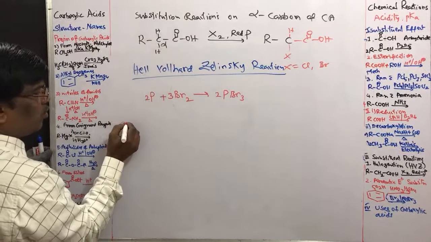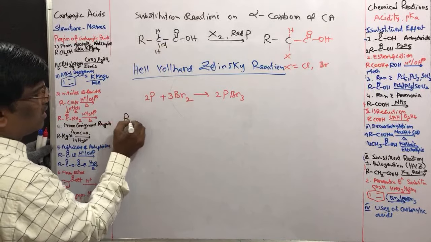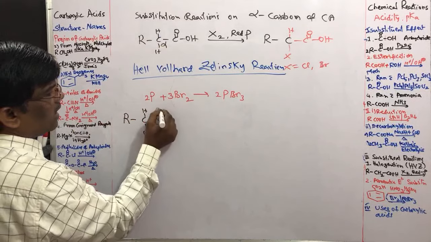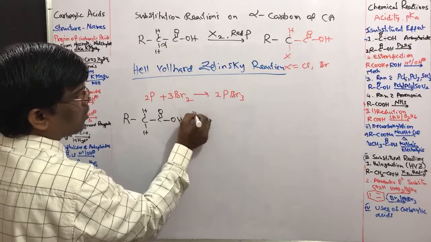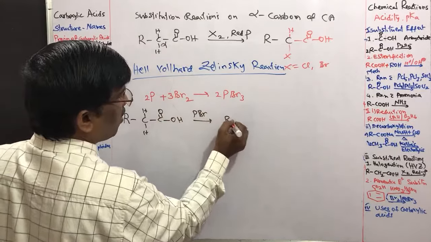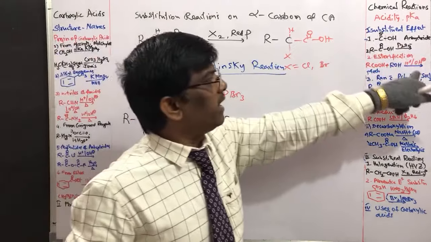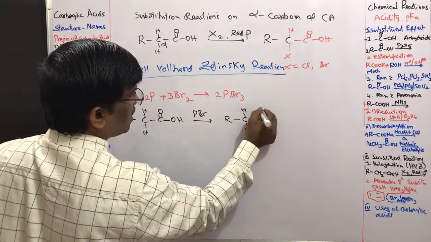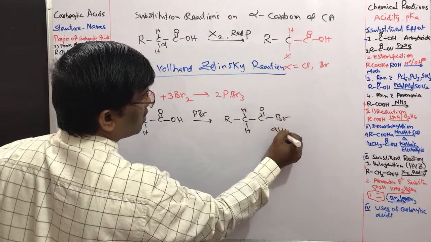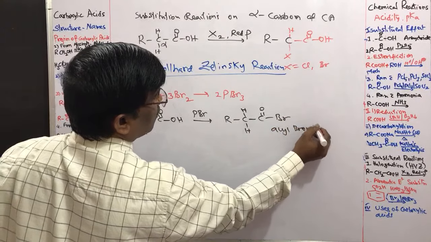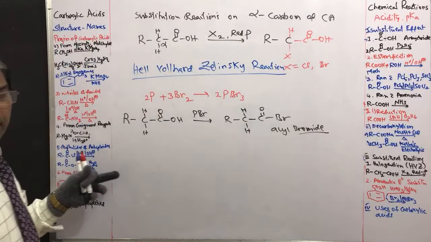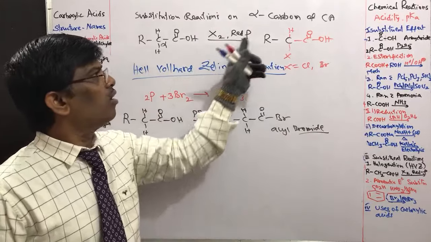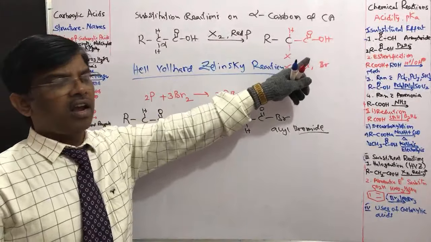So the acid group, what I am going to take, this PBr3, it is observed that even if I use PBr3, it is going to form the alpha halogen. In previous examples, we have seen PCl3 examples. So first it is going to form this acyl bromide. Why is this mechanism taken? Because acyl bromides, even without using phosphorus, are going to give alpha bromo compounds, alpha halo carboxylic acids.